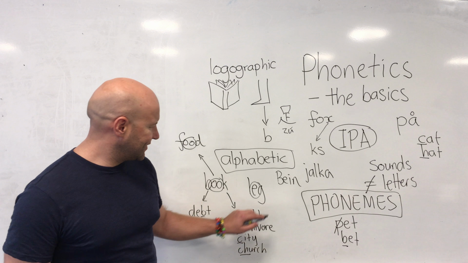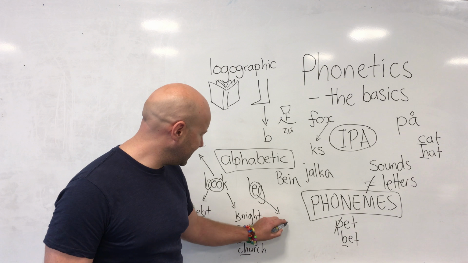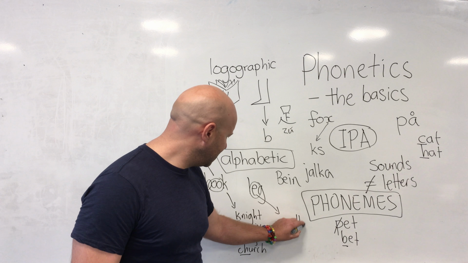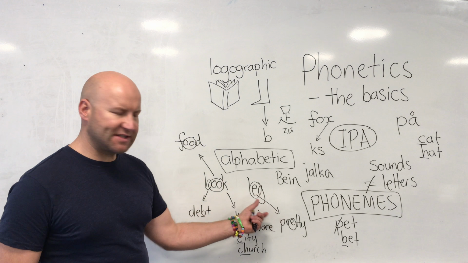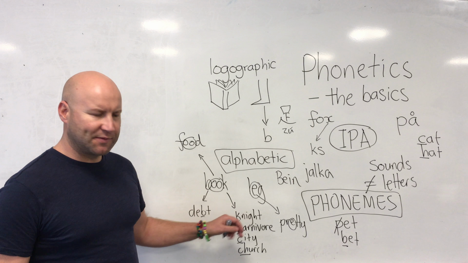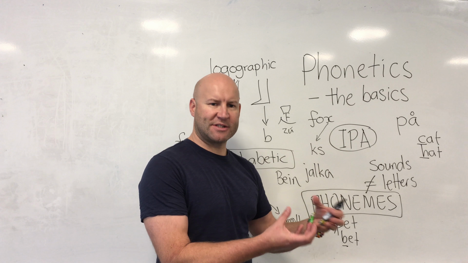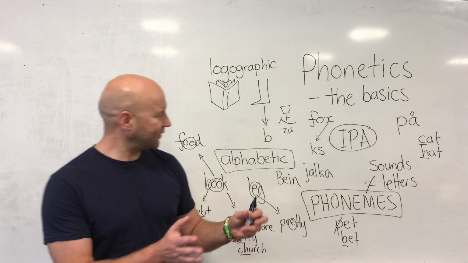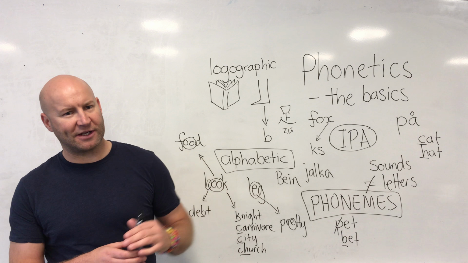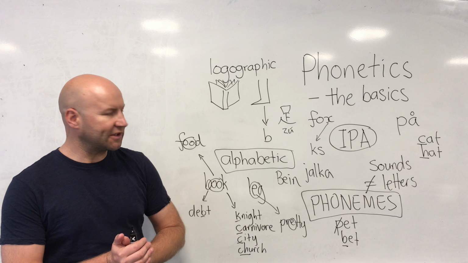This E sound doesn't always represent the same phoneme, so if we instead take the E in pretty, it's not the same E sound as the E in leg. Or if we look at the GH here in night, for instance, it's not the same sound. So a letter is not always the same as a sound or a phoneme. And what we're looking at on this course, what the next lectures will look at, are the vowel phonemes and the consonant phonemes for English.